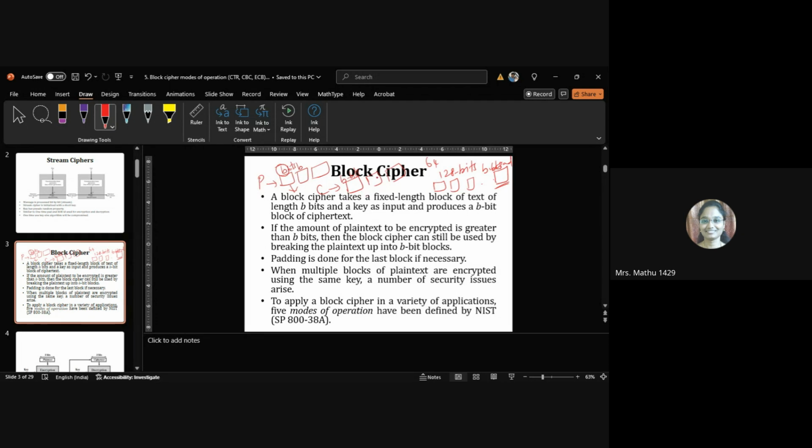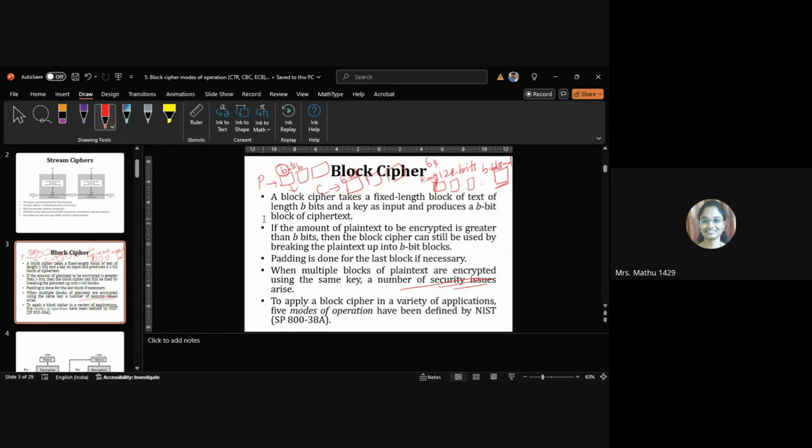Now there are different modes of operation we are going to study. As we encrypt these blocks of plain text, if we use the same key, that may produce several security issues.